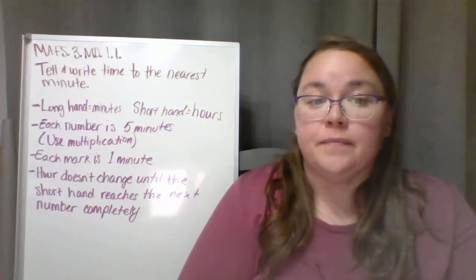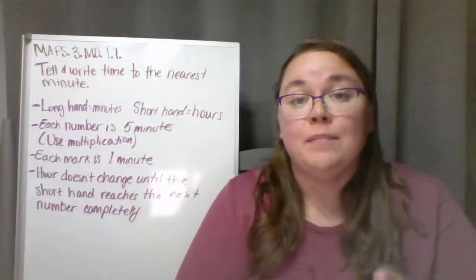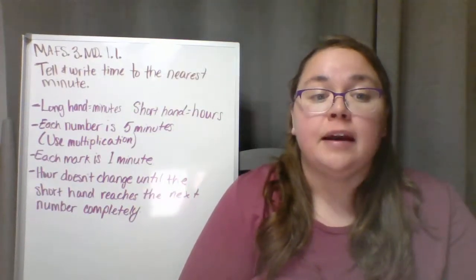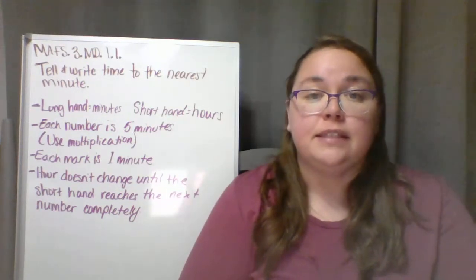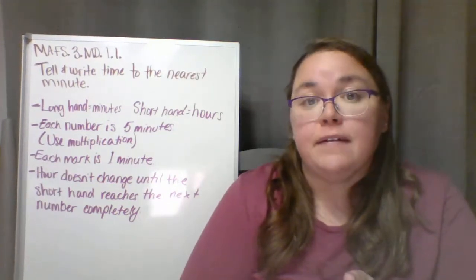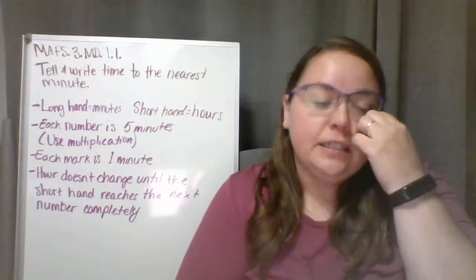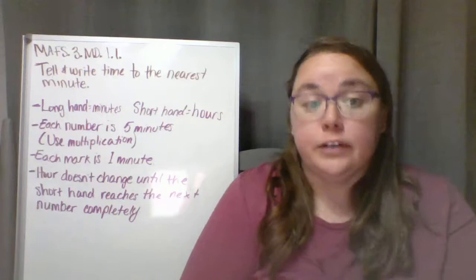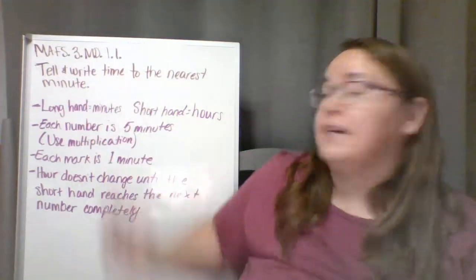And then third grade, we tell time to the nearest minute, and when we move on beyond this, it's going to get tricky, because we're going to be talking about elapsed time and being able to decide, like, if I start something at 11:25 and I go for 45 minutes, what time will I end? So we'll get a little bit more tricky with that and using number lines for time. But for today, we're just going to focus on being able to tell and write time to the nearest minute.